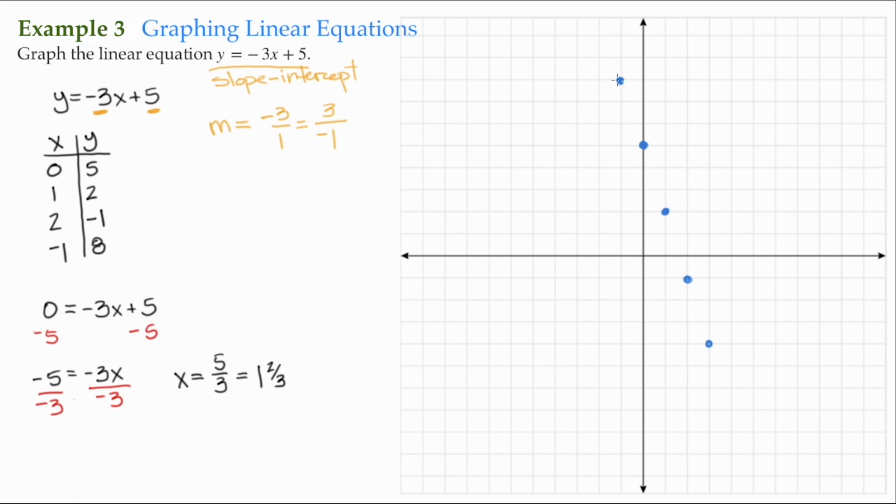But you can now see how our line is formed here. And here it is. So this graph is the graph of the line y is equal to negative 3x plus 5. And there we go.